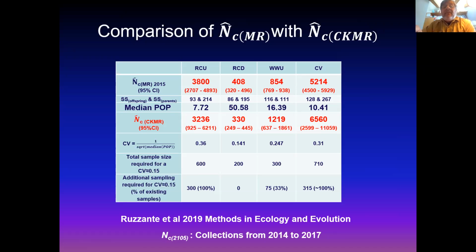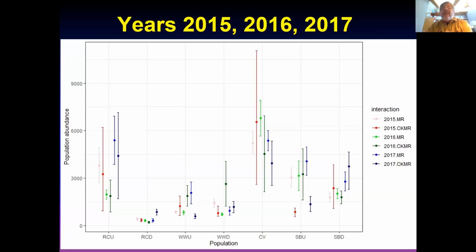So we kept working in this system, and since that publication last year, we both sampled and genotyped individuals in the following years, 16 and 17, and you can see here the progression of how the populations changed in size between years. In this case, it didn't change so much.